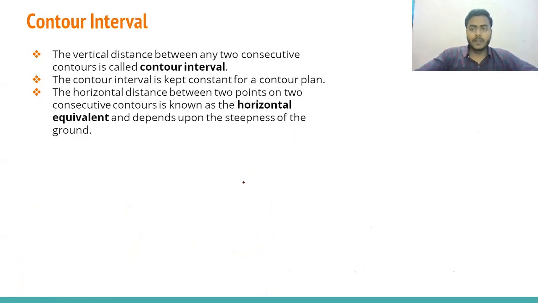Contour interval. This is very important. The vertical distance, I'm talking about vertical distance, not horizontal distance. Vertical distance means we are measuring a distance in the vertical direction, right? Suppose this is the horizontal x-axis, then we are talking about the y-axis. So the vertical distance between any two consecutive contours is called the contour interval.